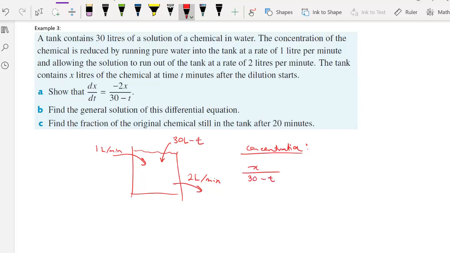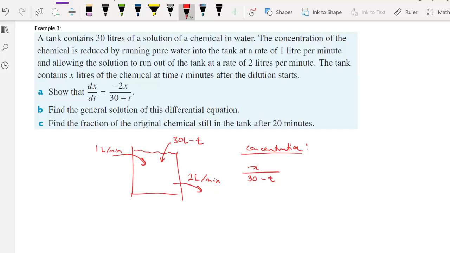Now, it asks us to show that dx/dt is equal to -2x/(30 - t). This x/(30 - t) is important. That's the concentration, so that has to do with the rate of change. We're looking at the rate of change in chemical with respect to time. As it's running out at 2 liters per minute, this is where the -2 comes from.